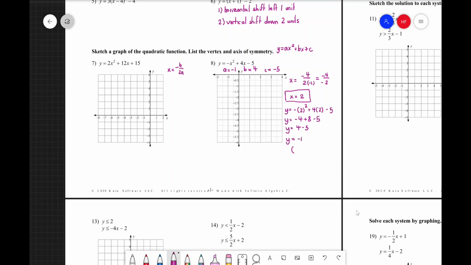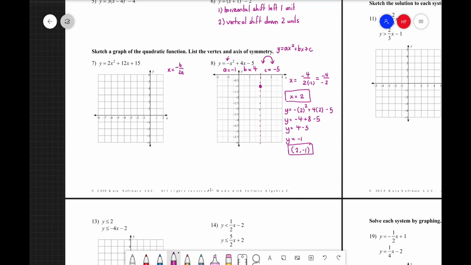So that means my vertex occurs at 2, -1. So 2, -1 is my vertex. Since it is negative, this is going to be facing downward. And then x equals 2 is my axis of symmetry.